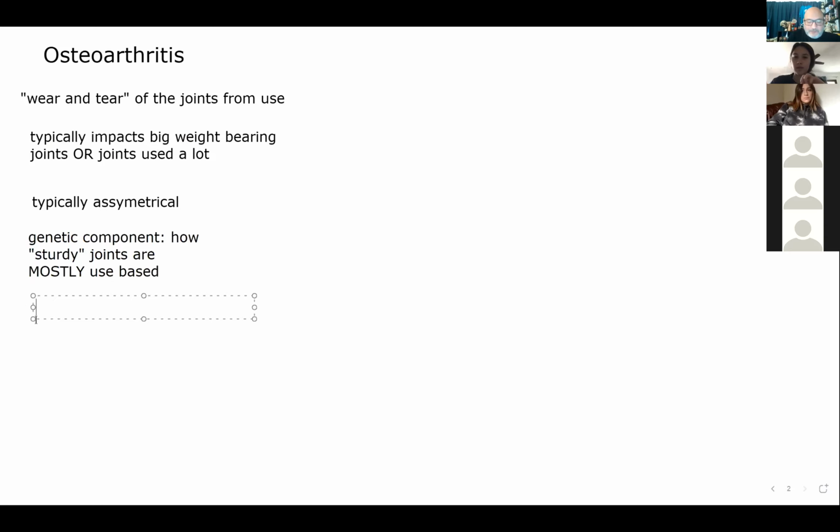Does it spread to other systems? No. Exactly. Probably my favorite example of this is my grandfather. My grandfather had osteoarthritis in both of his knees, and so he had both of his knees replaced.